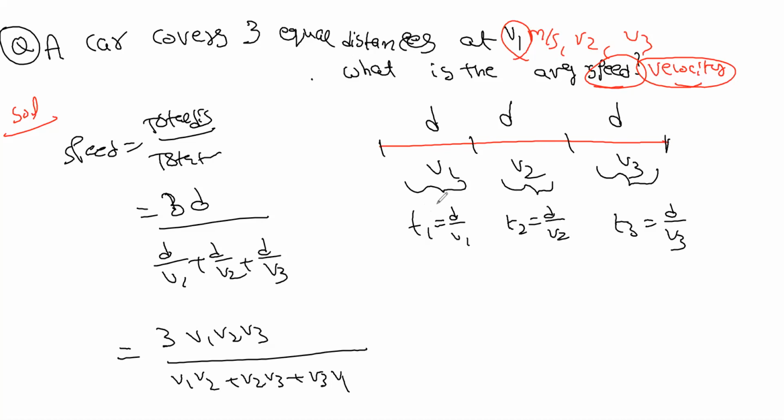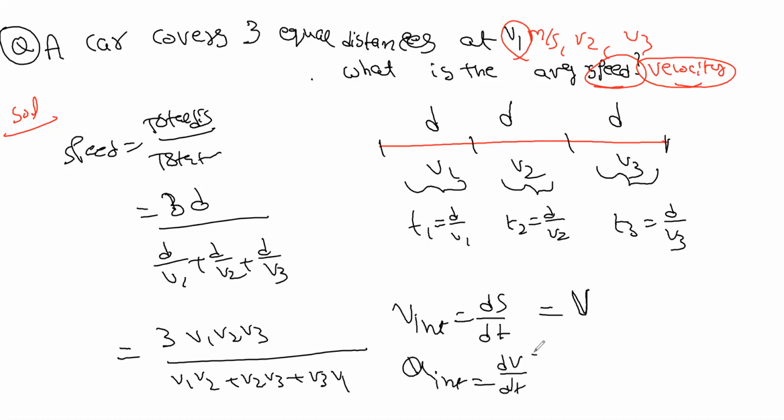Same formula. Yeah, the same procedure. Because for instantaneous velocity, you did ds by dt, right? Yes. V instant, you did ds by dt. Now for a instantaneous, you will do dv by dt. Means you will differentiate this V function.